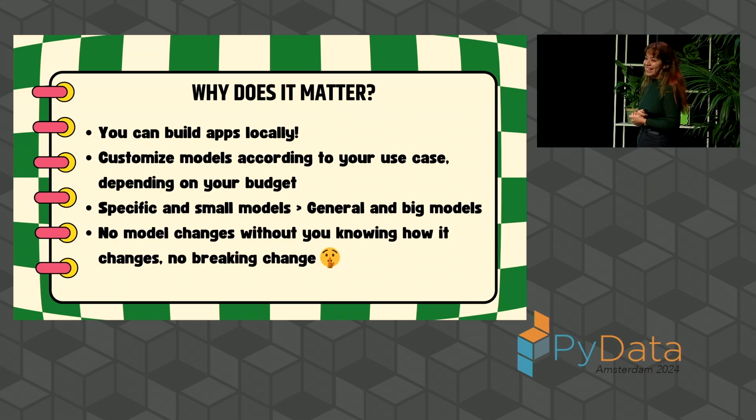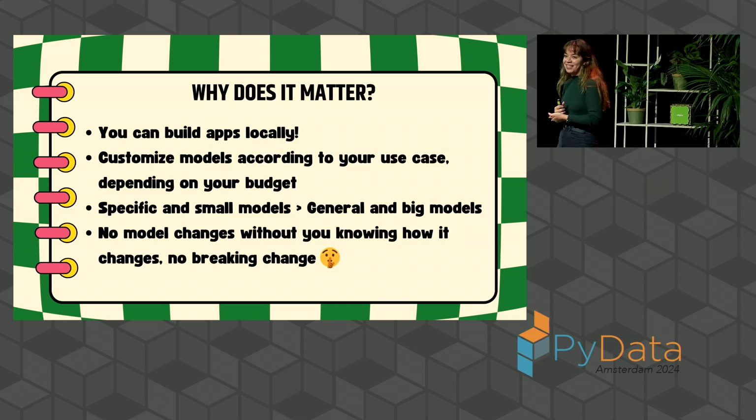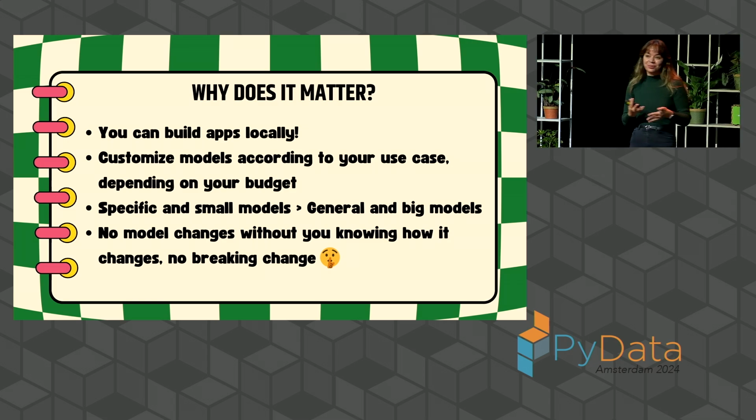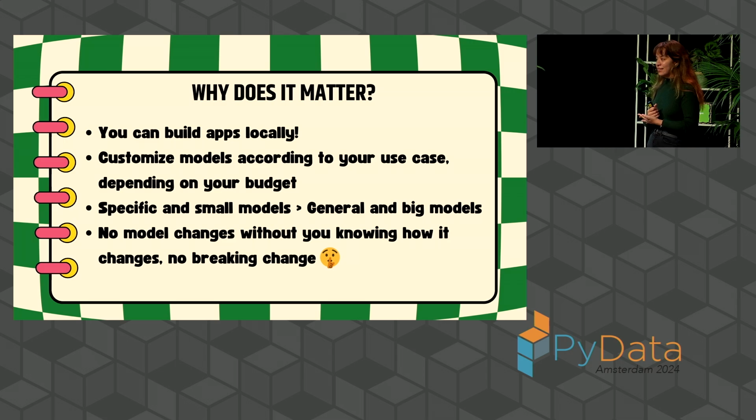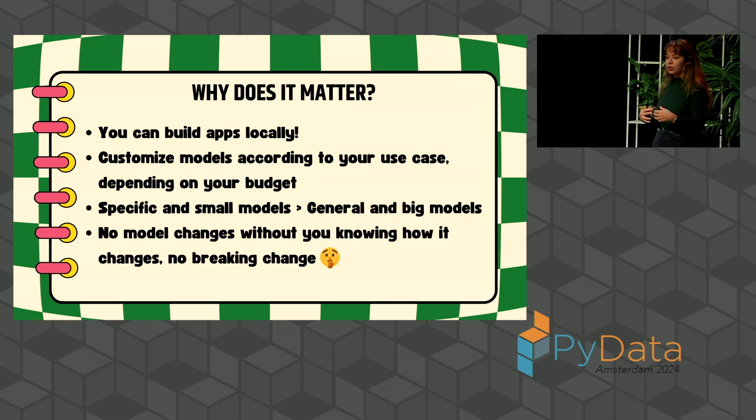But why does it matter? As usual, why should I be using open source models instead? Firstly, you can have the utmost control over your models. You can do local machine learning, as in you can have it on your local devices. You can have it in the browser, for instance, to guarantee privacy for your end users.